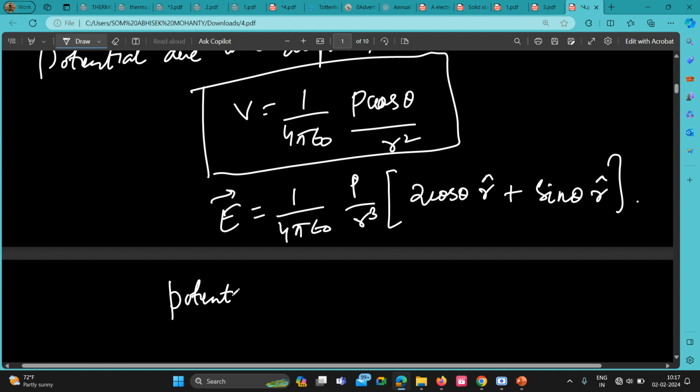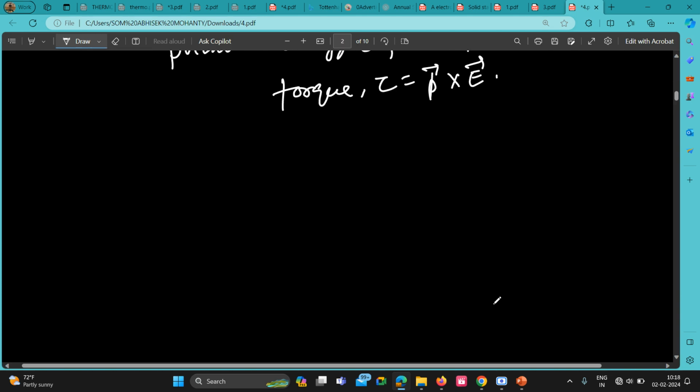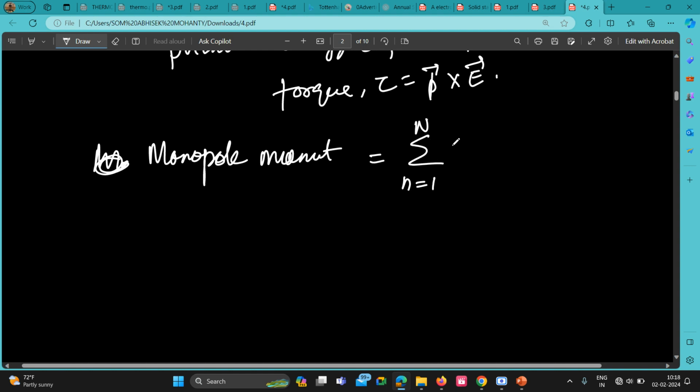Potential energy of a dipole: U is equal to minus P dot E. Torque tau is equal to P cross E. Now monopole moment is the summation from n equal to 1 to N of Qn, just the summation of all the charges.